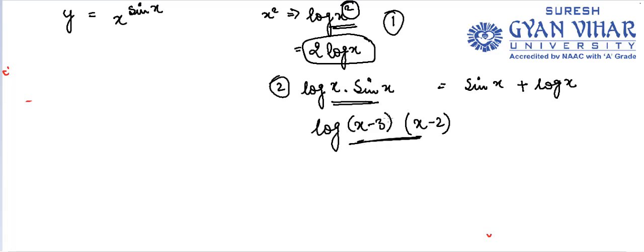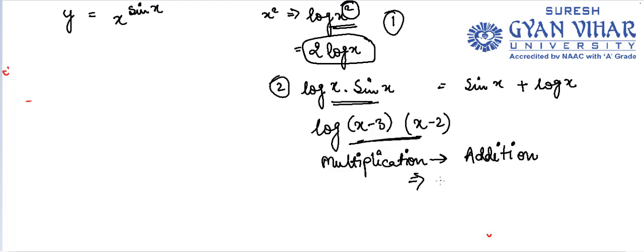This multiplication will change into addition, so we can write it as log (x minus 3) plus log (x minus 2). So this is the second property.